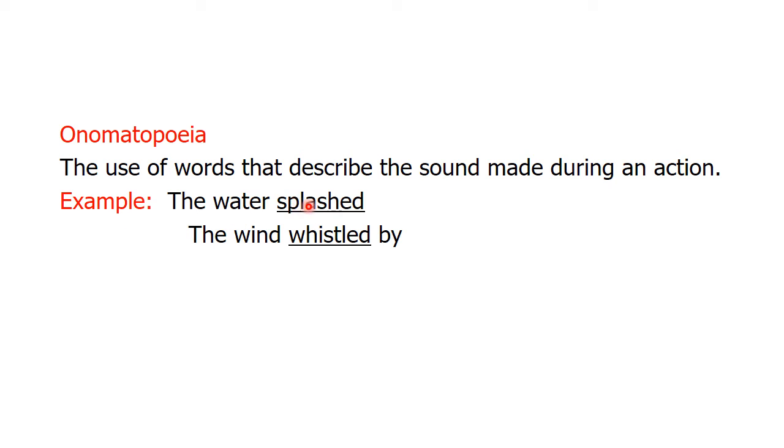Now the word splashed describes the sound that is produced by water. And then the second example, the wind whistled by. Now the word whistled describes the sound that is produced by the wind. Now that is onomatopoeia.